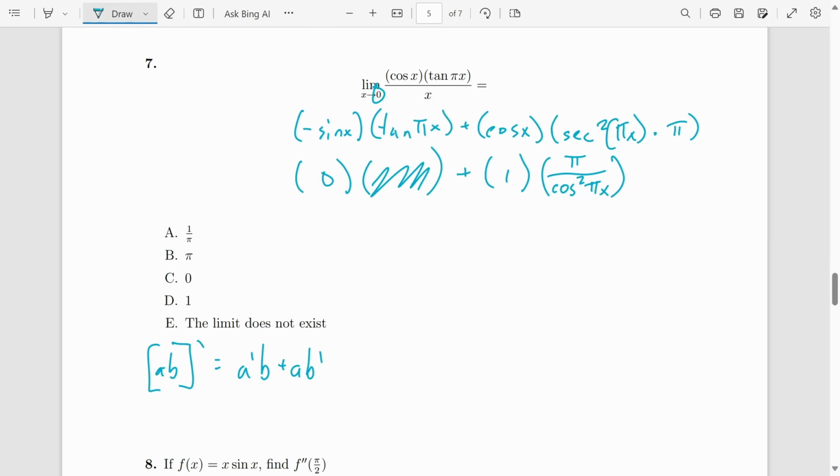And also this 1 here, that's also just not going to do anything. So we're just left with this. So when we plug in 0 into it, we get pi over cosine squared of 0. Cosine of 0 is 1, and 1 squared is also 1, so we're just left with pi, which is our answer here.